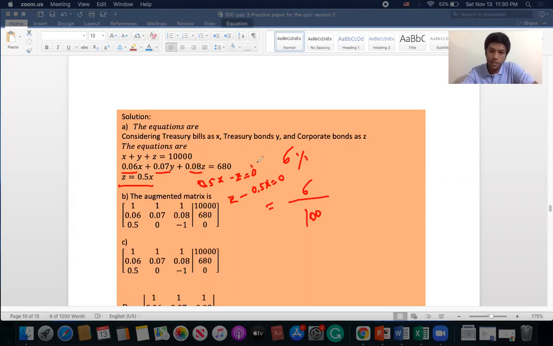So 1 times z is negative, 1 times 0.5 is negative. Which one is correct? In this calculation, I used this one, because z is negative here. This is also correct. If you write minus 0.5x, if you give minus here, then it will become plus. Then you do the calculation and the answer will come out correct.